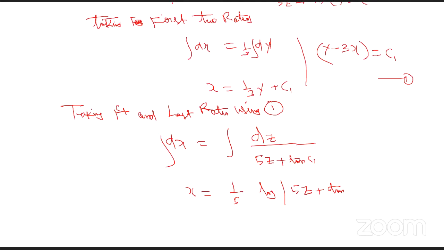Sorry, z only. 5 would come on c1 by 5, total constant plus c2. So equation number 2.